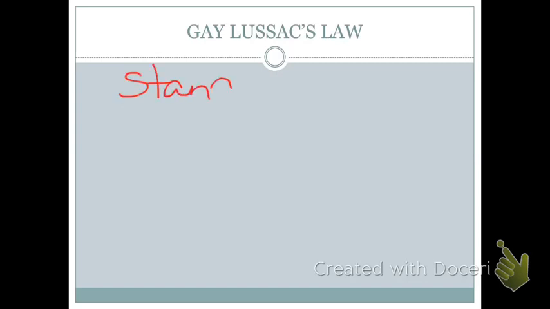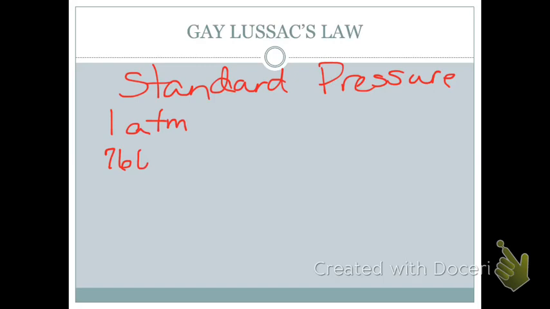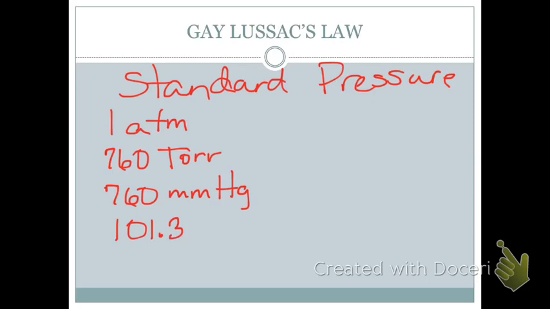Remember, your standard pressure is 1 atmosphere or 760 torr or 760 millimeters of mercury or 101.3 kilopascals or 14.7 psi or pounds per square inch. If you don't have it, write this down real quickly on your paper so that you can refer to it as we go through these problems.